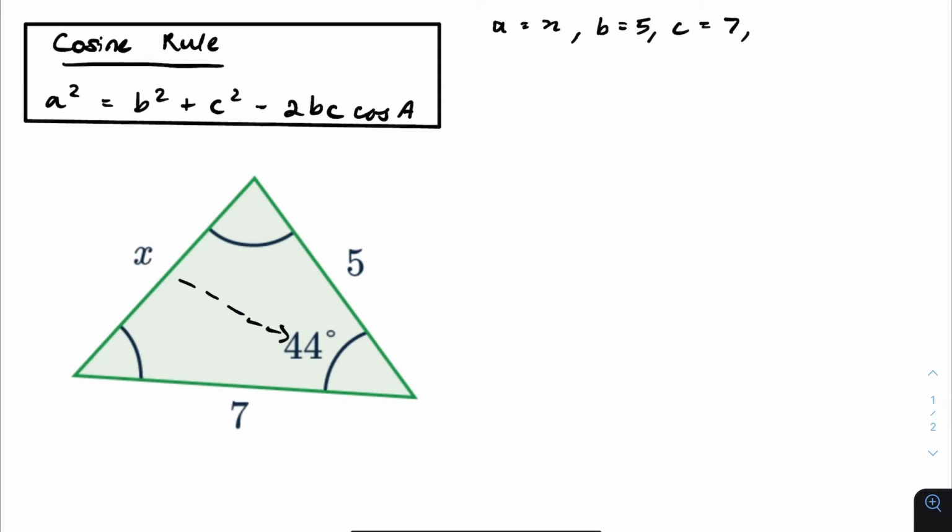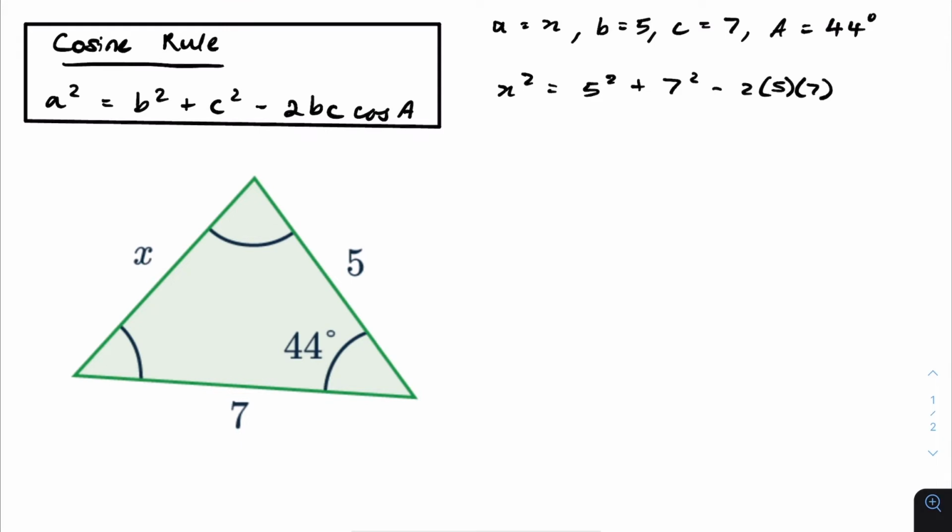In this case, that happens to be 44 degrees, which is very coincidental, but also useful for this problem. So let's substitute all our information into the equation. x squared is equal to 5 squared plus 7 squared minus 2 times 5 times 7 times the cosine of 44. I'm going to get my calculator, because you can't work this out manually, since cosine of 44 is not one of the special angles that we covered in the unit circle video.